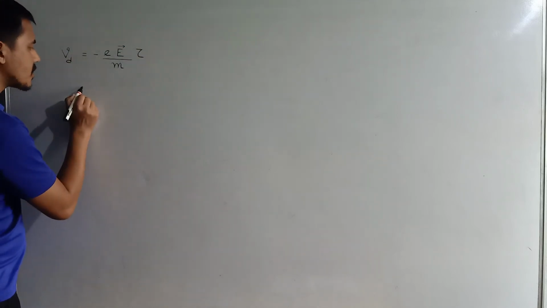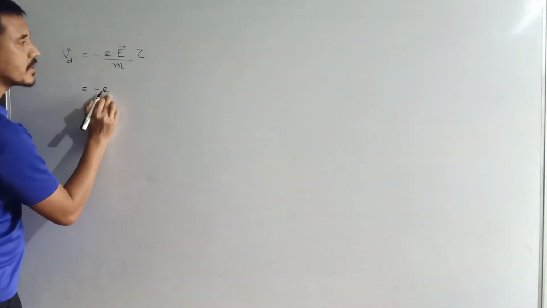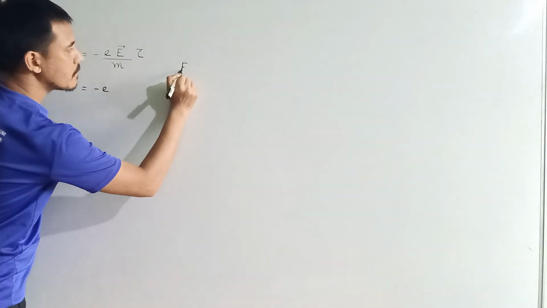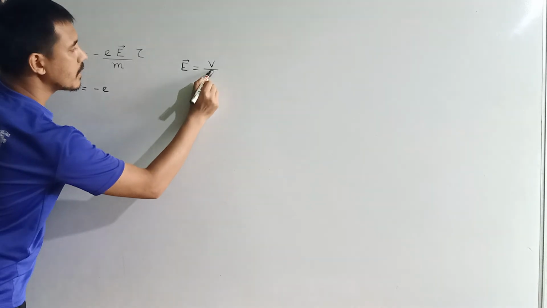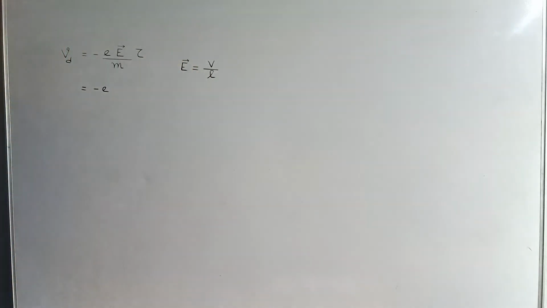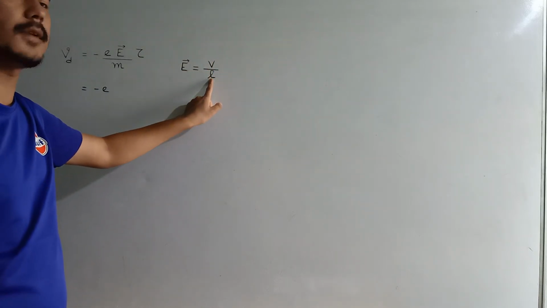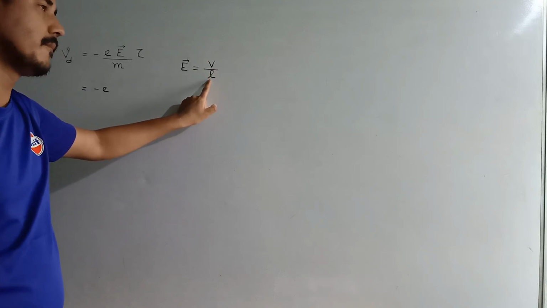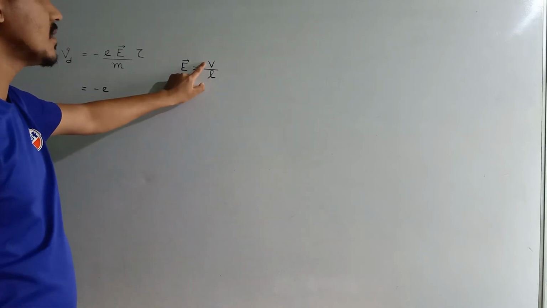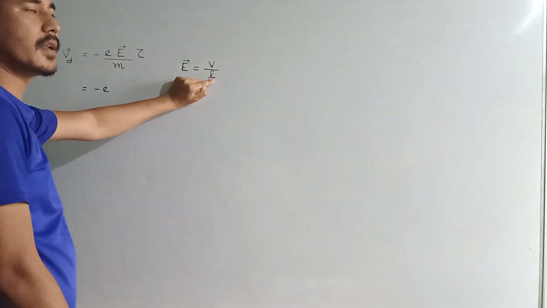This relation can also be rewritten as minus e, the charge of the electron. Now the electric field can also be written as V upon L, the potential applied across the conductor of length L. So here V is the potential difference that is applied across the two ends of the conductor, and L is the length of the conductor.